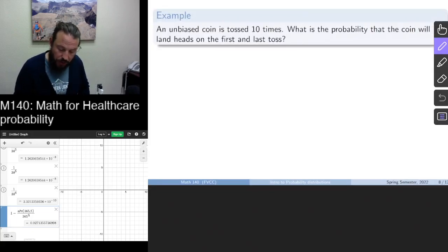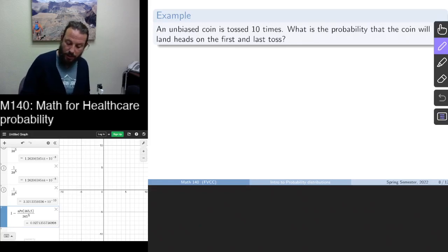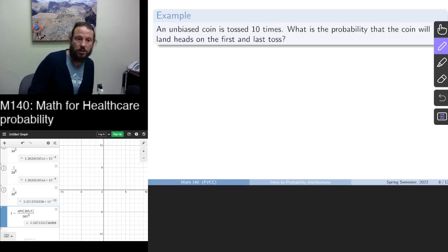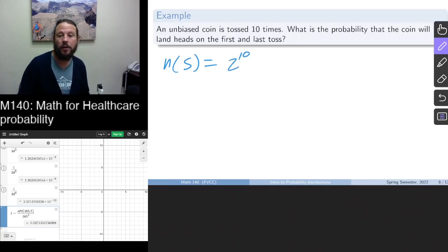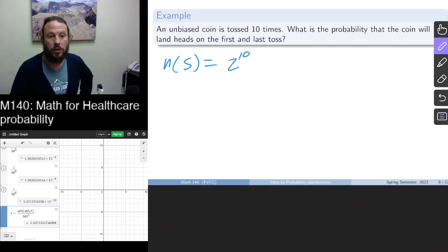Okay, so now let's say an unbiased coin is tossed 10 times. What's the probability the coin will land heads on the first and last toss? First of all, our sample space is tossing the coin 10 times, 2 to the 10th. Hopefully that's becoming noticeable now. Now, how many ways are there for it to land heads on the first and last toss?